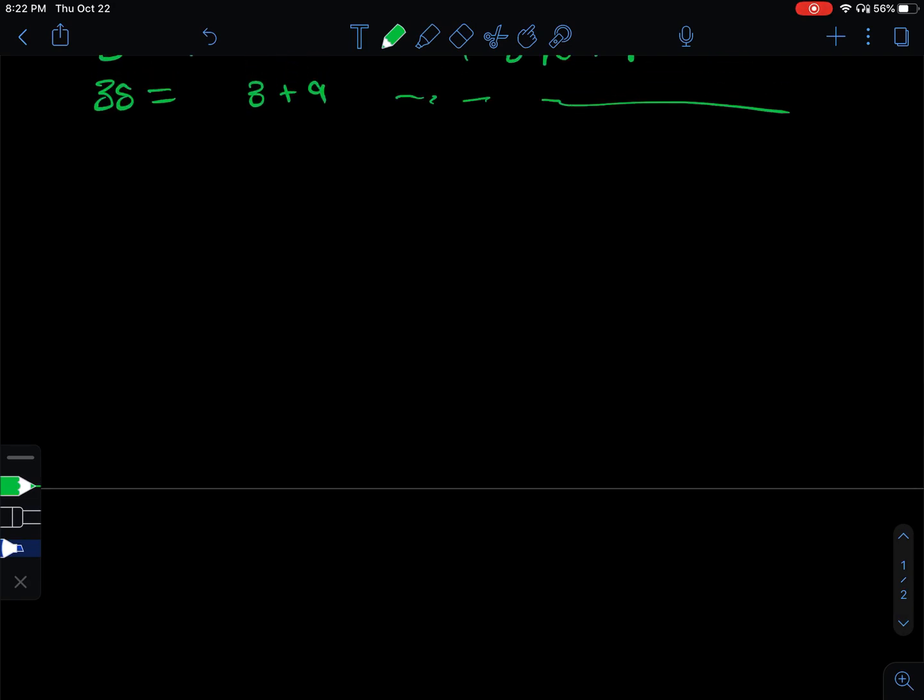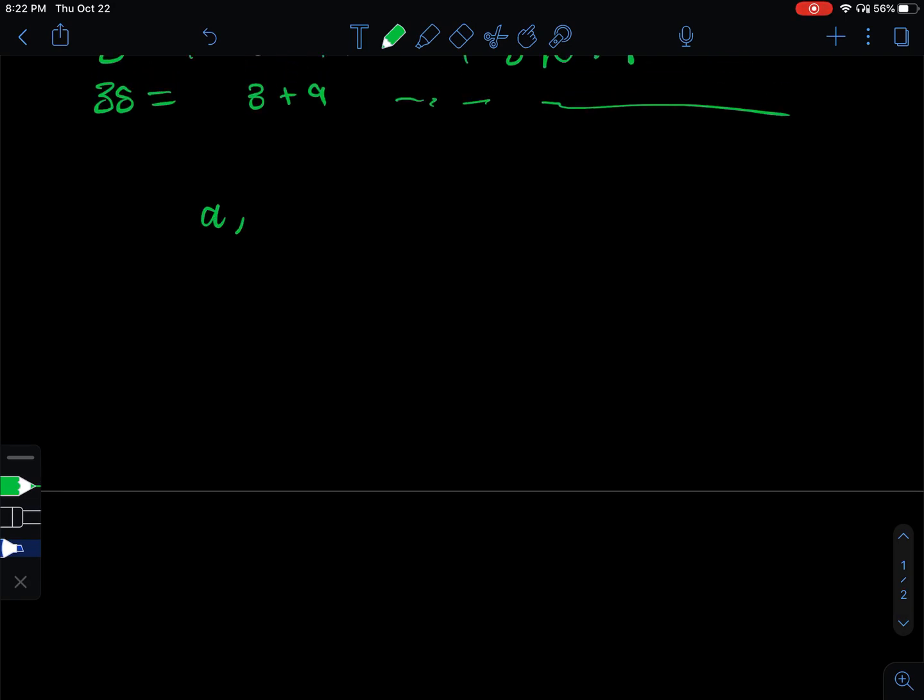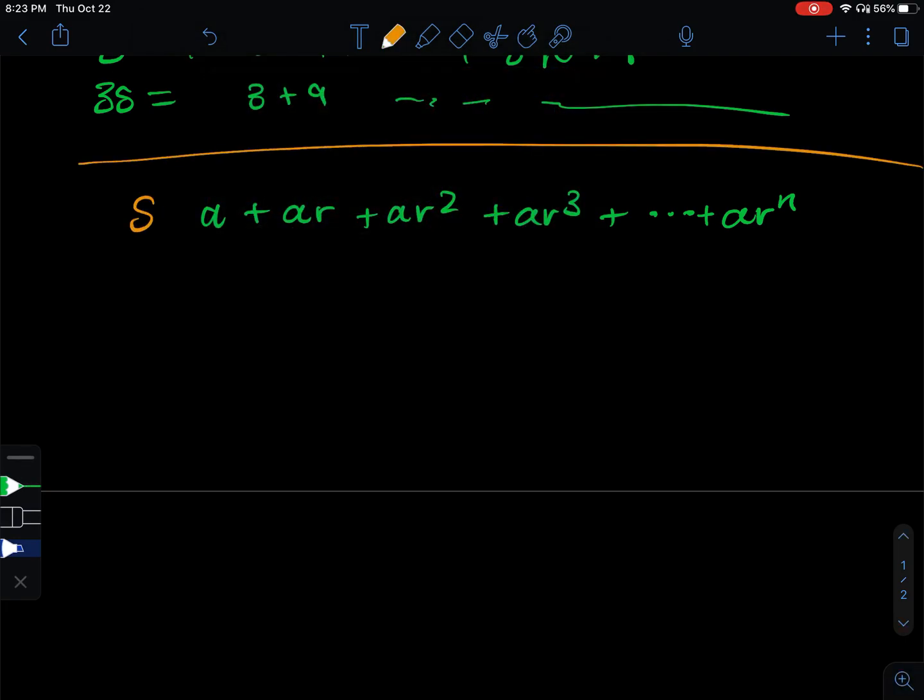Now, if you were to generalize this, let's say you started off at a, ar, ar squared, ar cubed, up to ar to the nth. Now, like before, I'll just let this be s. The common ratio is r.